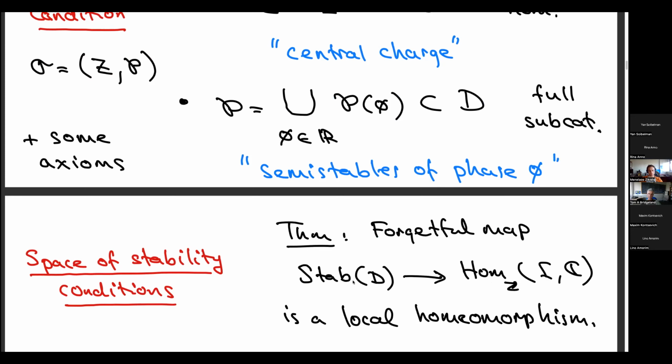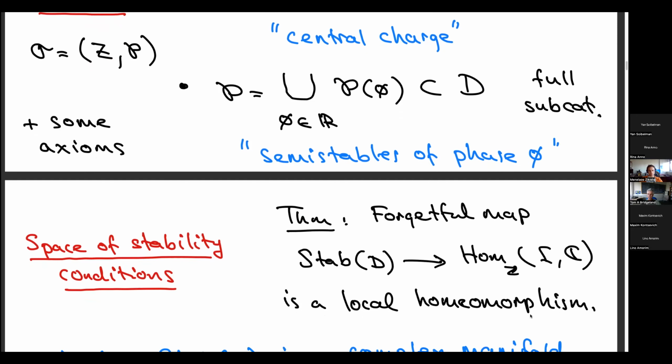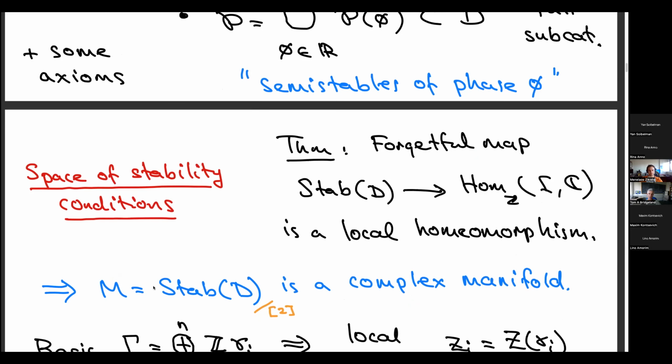It's Hausdorff, and this map is a local homeomorphism. Of course, the target space is just a copy of C to the n. So you have a map from your Hausdorff topological space to C to the n, which is a local homeomorphism. So this space becomes a complex manifold.